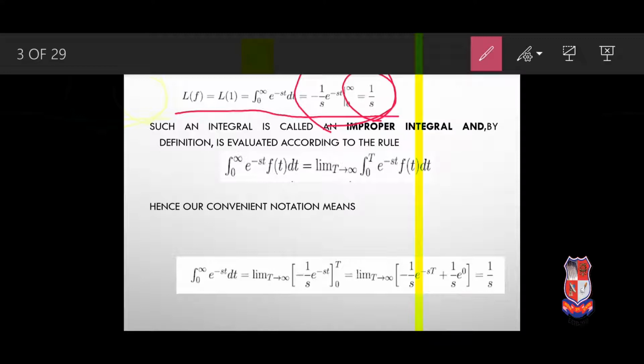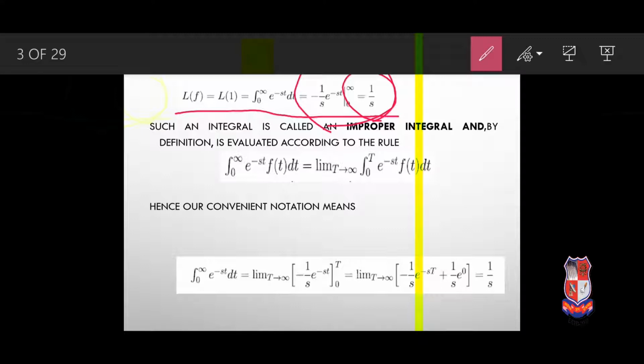Such an integral is called an improper integral. In the previous semester, we already discussed improper integral. If the upper limit or lower limit or both limits are infinite, then we consider one limit like t tends to infinity.